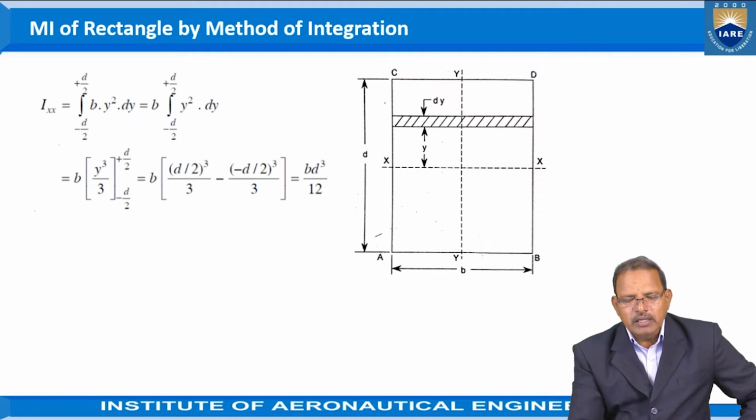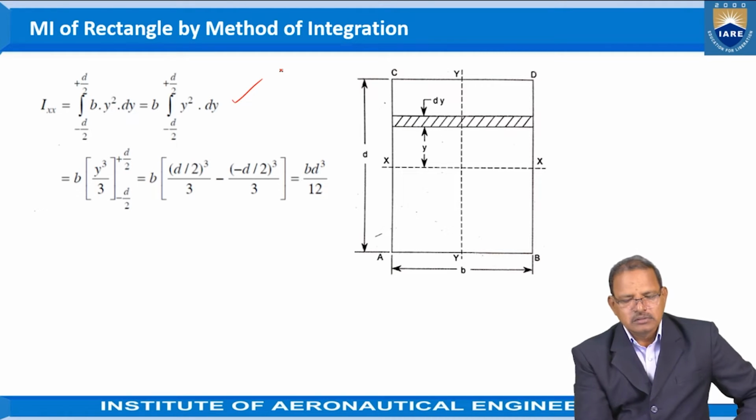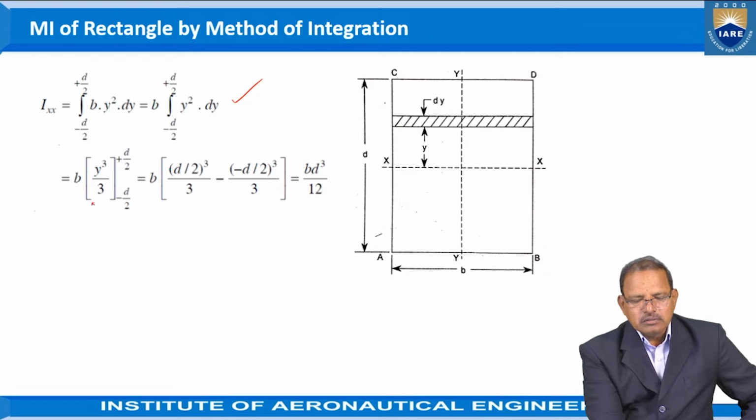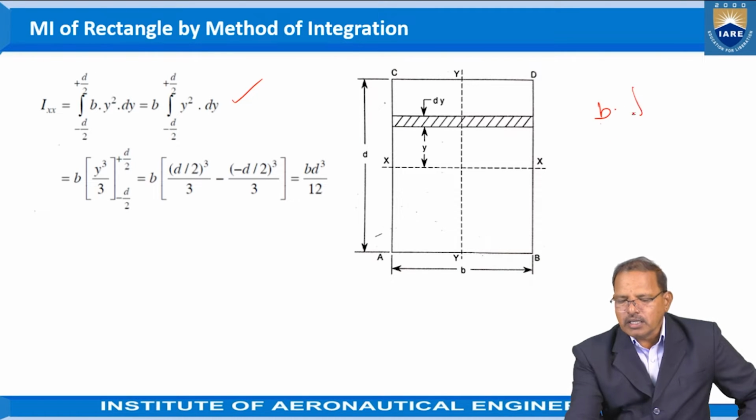The remaining is b into the integration of y square dy, which is equal to b into y cube divided by 3, with limits minus d by 2 to plus d by 2.